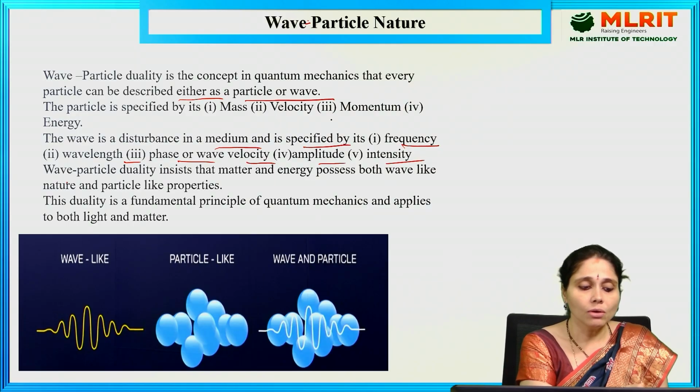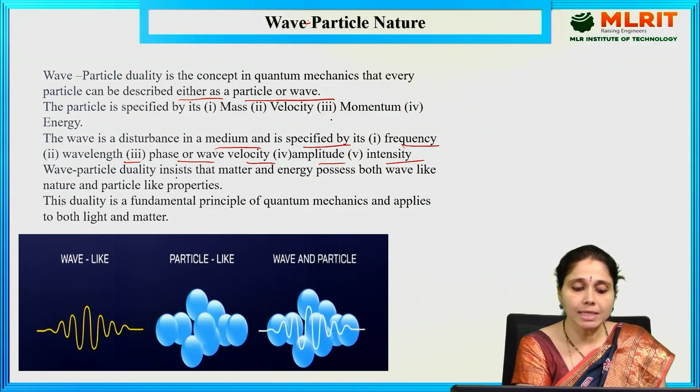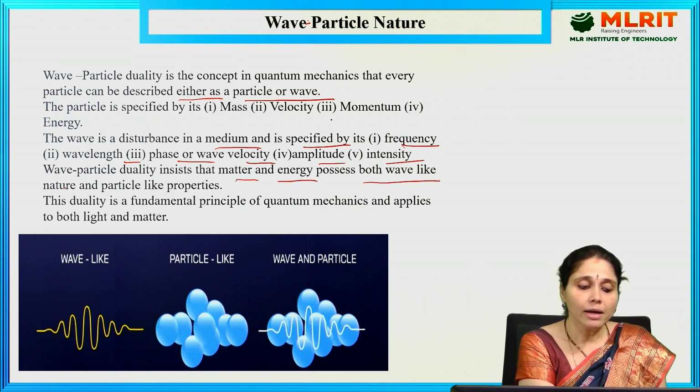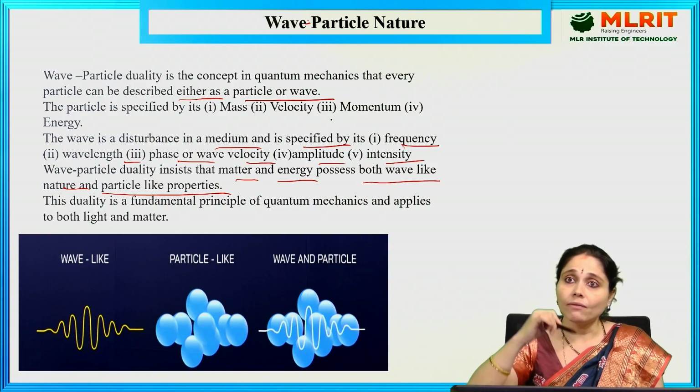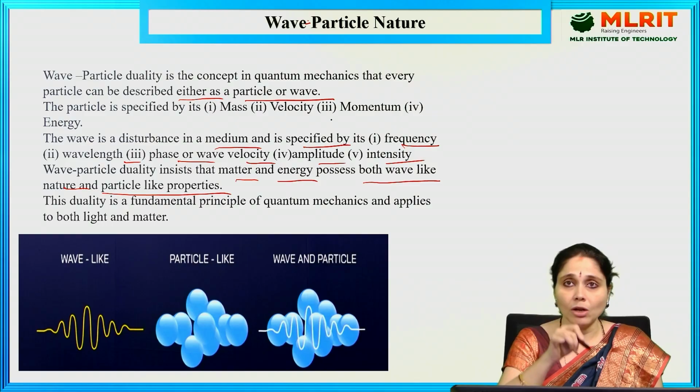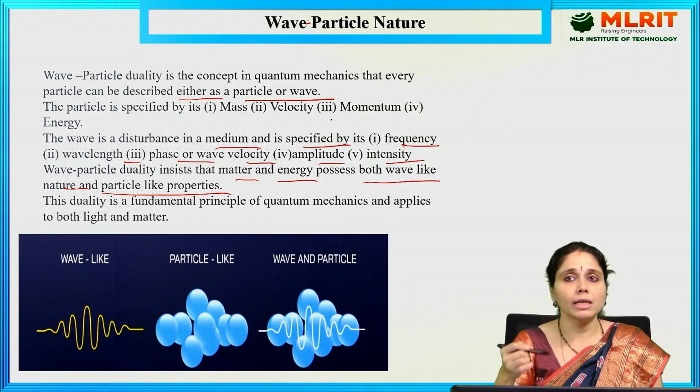Wave particle duality insists that matter and energy possess both wave-like and particle-like properties. Wave-like means it travels in the form of waves, and particle-like means it has mass, velocity, momentum, energy and so on.